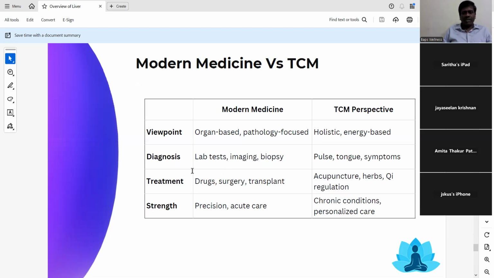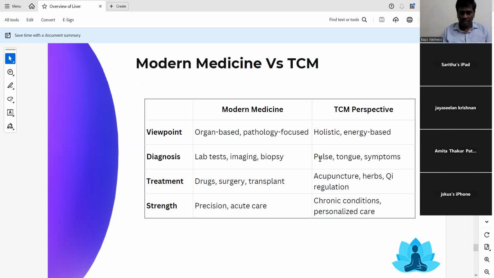And test wise, modern medicine uses lab tests, imaging and biopsy, and normally we diagnose through tools like pulse, tongue diagnosis, abdominal diagnosis and so on.